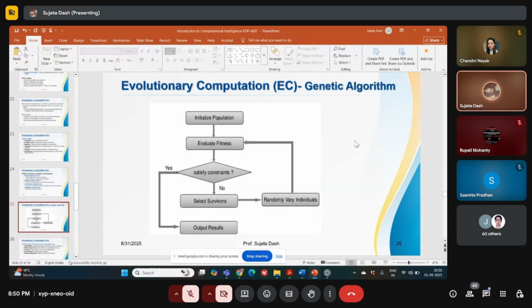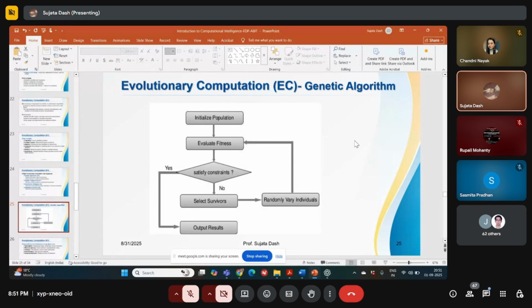Then let me take you to evolutionary computation. One of the most popular techniques of evolutionary computation is the genetic algorithm. So this is a flow chart where I have mentioned the steps we generally follow here. In this genetic algorithm flowchart, the first step is initialize population.